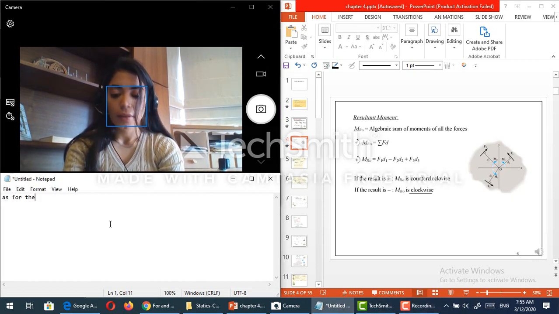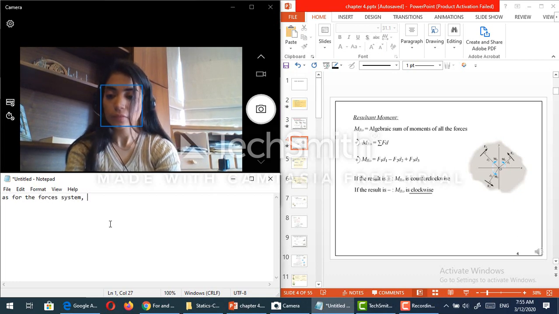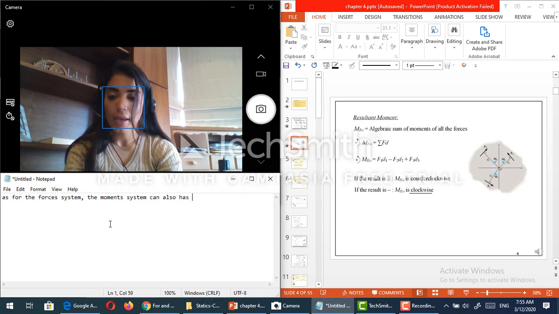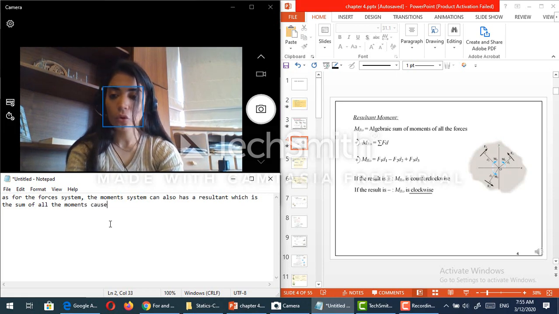So as for the force system, the moment system can also have a resultant, which is the sum of all the moments caused by all the forces, of course, that can do a rotation.